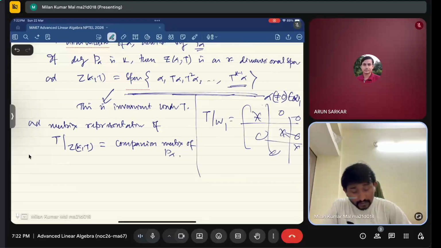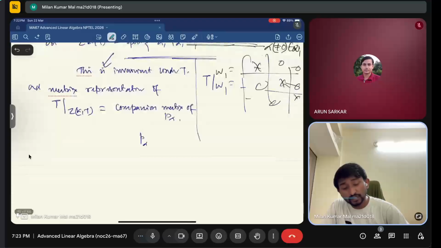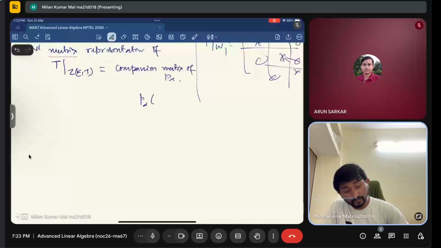So basically, suppose we have P alpha, of degree K. So let's take P alpha(x) equal to C naught plus C1 x plus all the way up to C(K minus 1) x to the power K minus 1 plus x to the power K. P alpha is a monic polynomial.